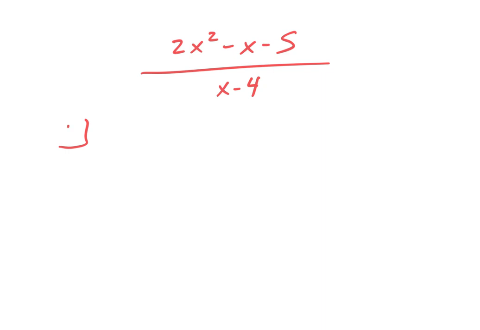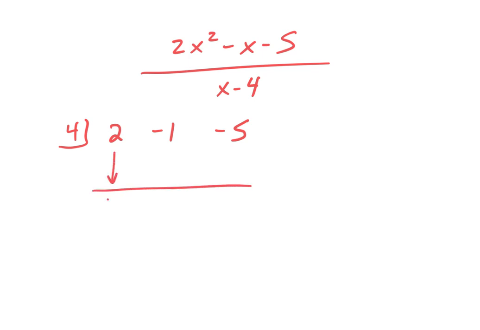Make sure it's positive 4, not negative 4. Then 2, negative 1, negative 5. All of the exponents are accounted for, and we've got all of our coefficients there as well.